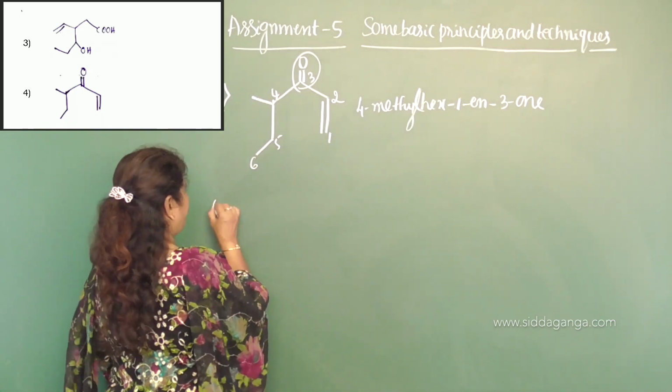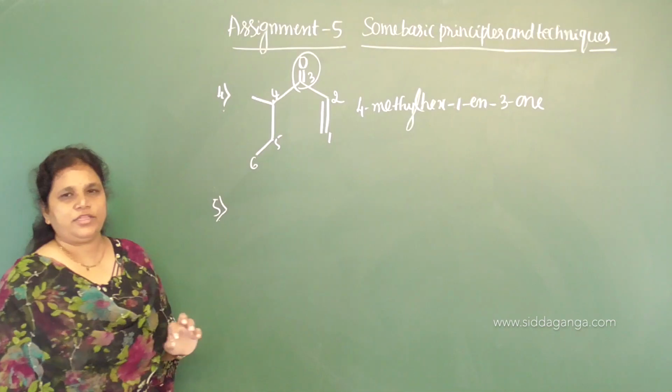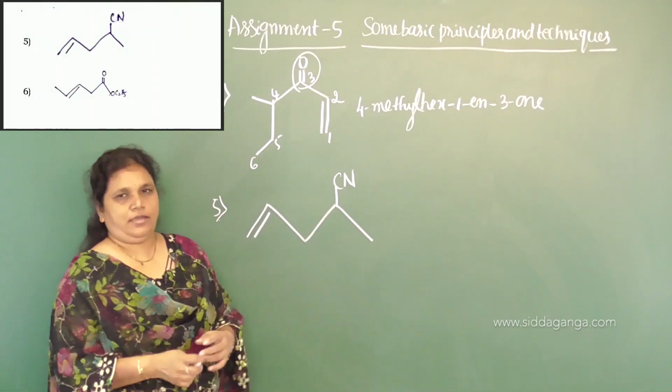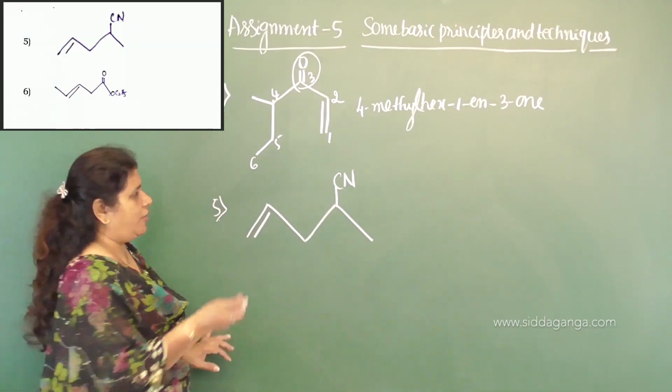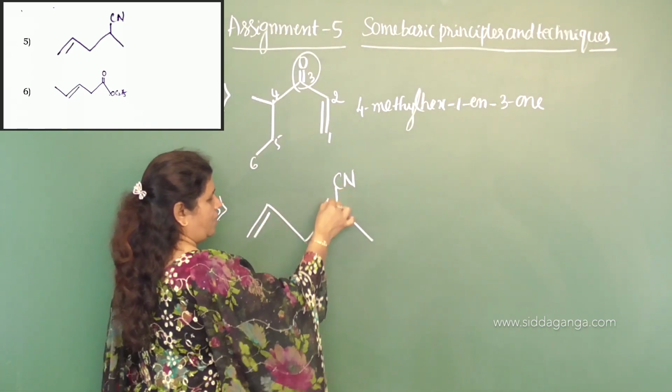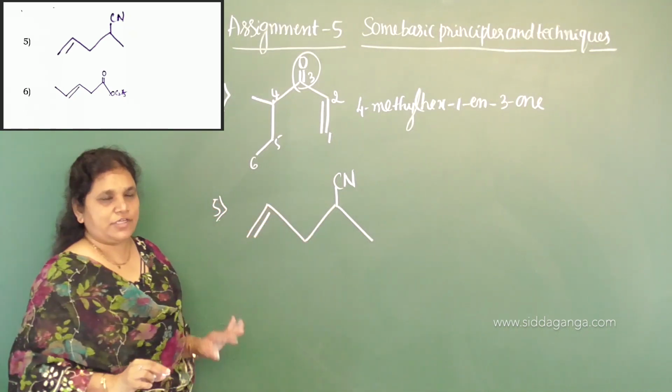Move on to the fifth one. Move on to the fifth compound. So, it's the compound given. The compound given is this, along with the double bond here, correct. Now, CN, the nitrile group, is the functional group here, and therefore we need to select the chain containing the functional group.